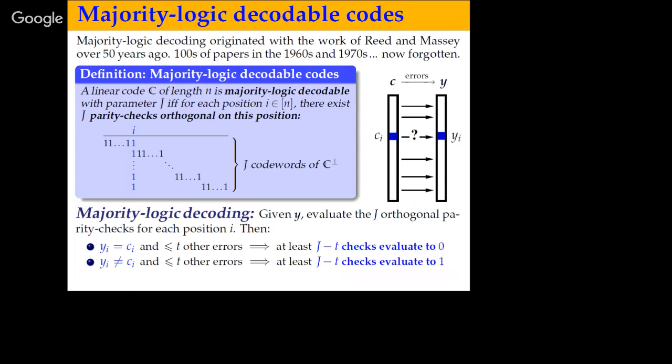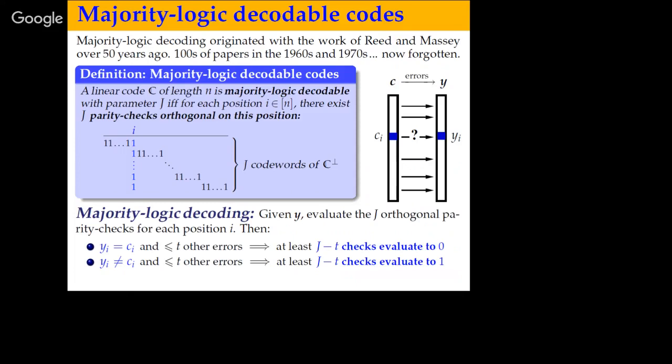But now suppose there are T other errors again. This will affect at most T of the checks now in the other direction. So maybe T of them will now switch back to 0 in the worst case. But at least J minus T will remain at 1. Again, because the other supports are disjoint, an error can affect at most one.